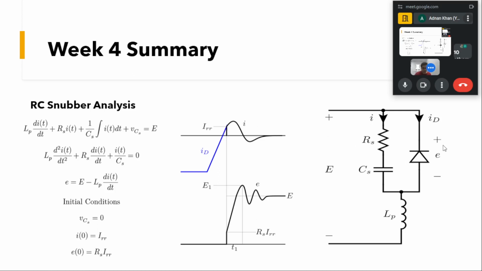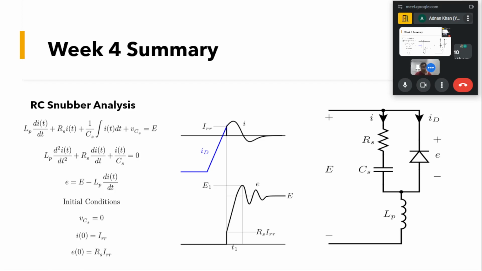The other assumption is that, because the capacitor is initially discharged, the only drop across this branch will be IRR into RS, which will come across this device. That is, e at the initial condition will be equal to RS into IRR, and this current will flow through this snubber path. We write these equations, and after that we solve them.